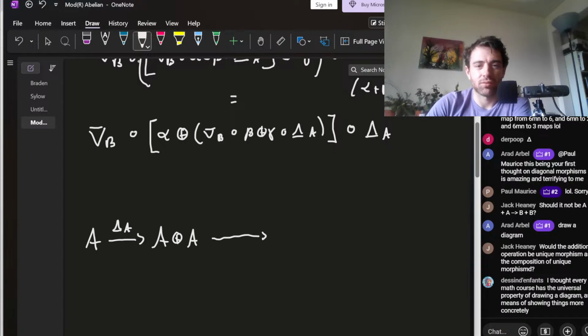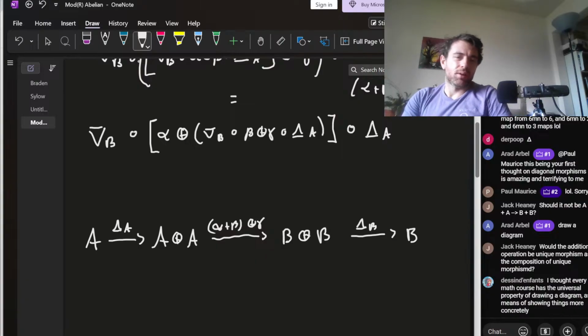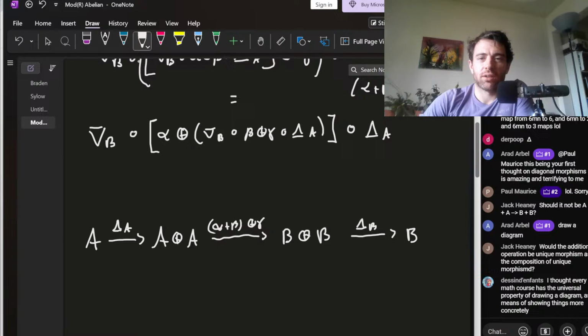And then we have alpha plus beta sum gamma into B direct sum B, and then we have the codiagonal B into here. And so the strategy would be, so this other one is alpha plus beta plus gamma.